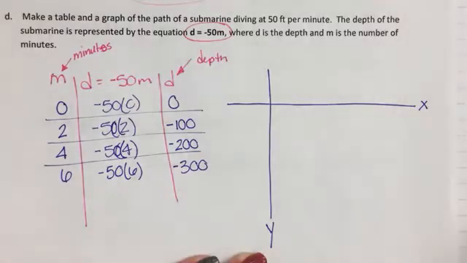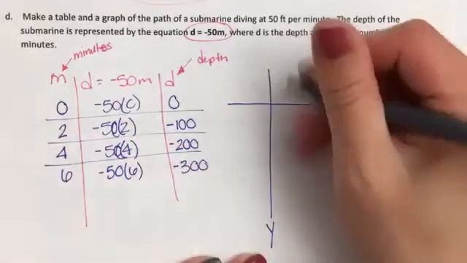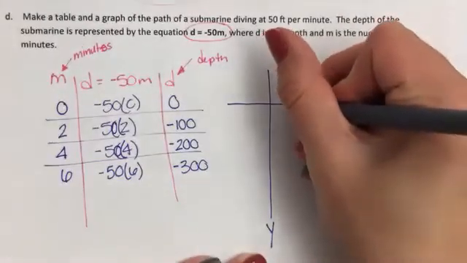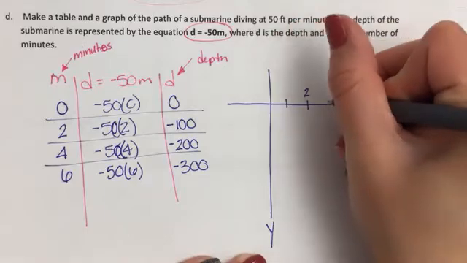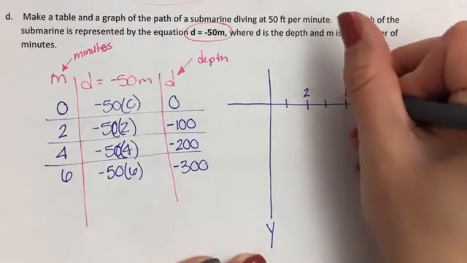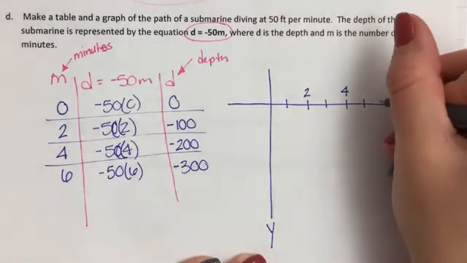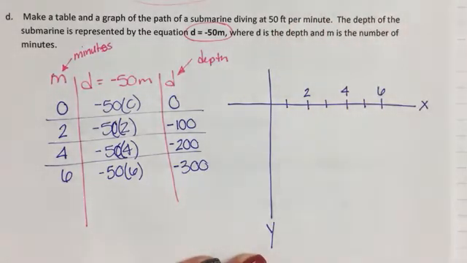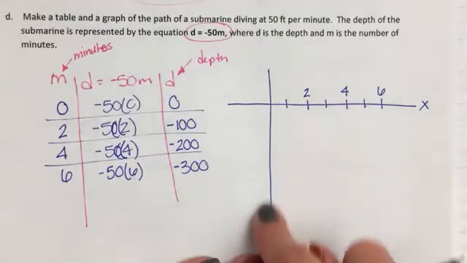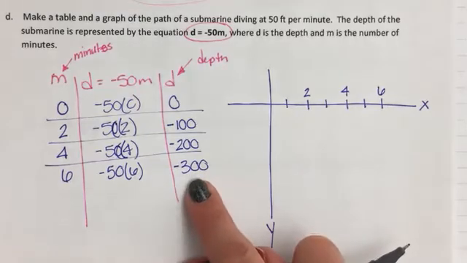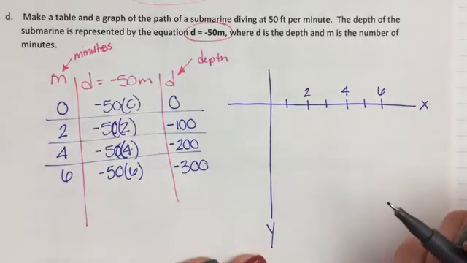Y is my output. So I could simply go by 1 minute, 2 minute, 3 minute, 4 minute, 5 minute, 6 minute. And then I need to go down, but I have to go down by pretty large numbers. So maybe you go down by 50s.